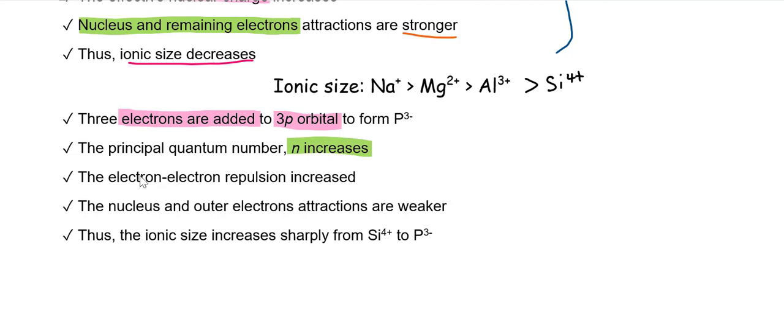When we add more electrons, of course the repulsion between the electrons increases. Thus, the attraction between the nucleus and the outer electrons becomes weaker. It will make the ionic size increase sharply from Si4 plus to P3 minus. So going from cation to anion, you will see a sharp increase in the size of the ion.